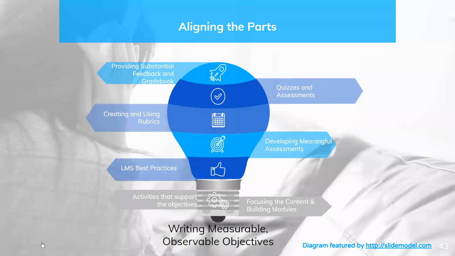So today we talked about focusing the content and building the modules. And we also talked about activities that support the objectives. So again, we're not just picking activities because we like them. We're picking those activities because they tie into and align with the objective that we want our students to accomplish.